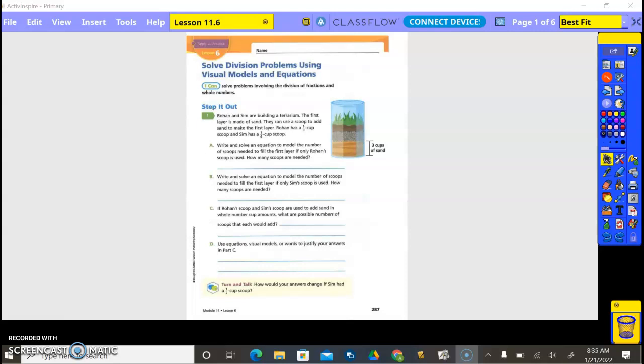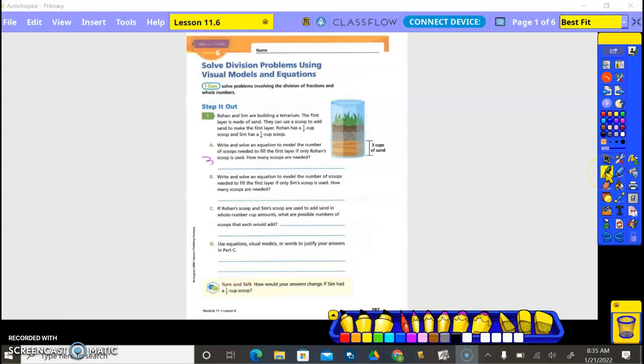So we need to do our division problem. First of all, we need to figure out the total. What is the total amount we have? 3, right? Okay, so we have 3 cups. So we're going to take 3 divided by what number? Rowan has 1/3 and Sim has 1/4.